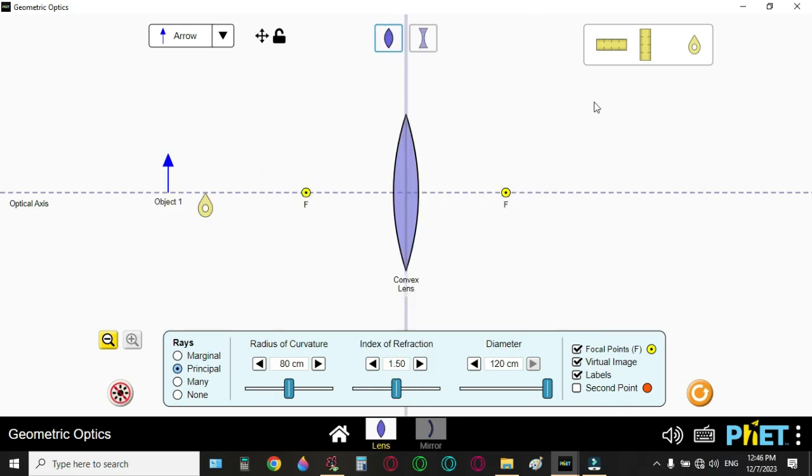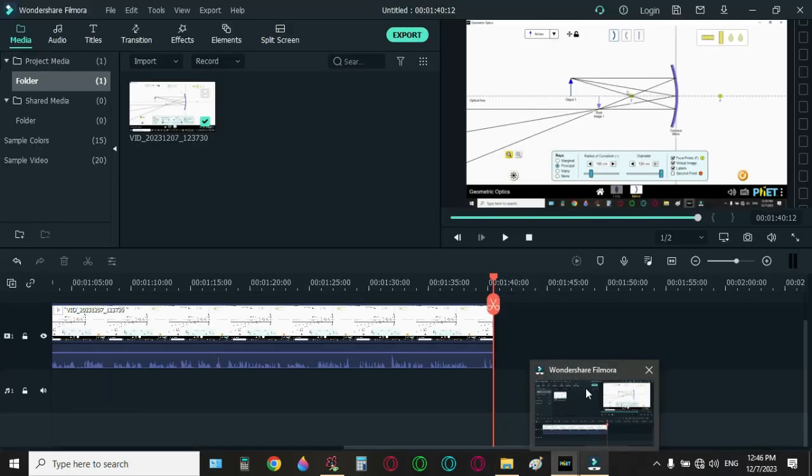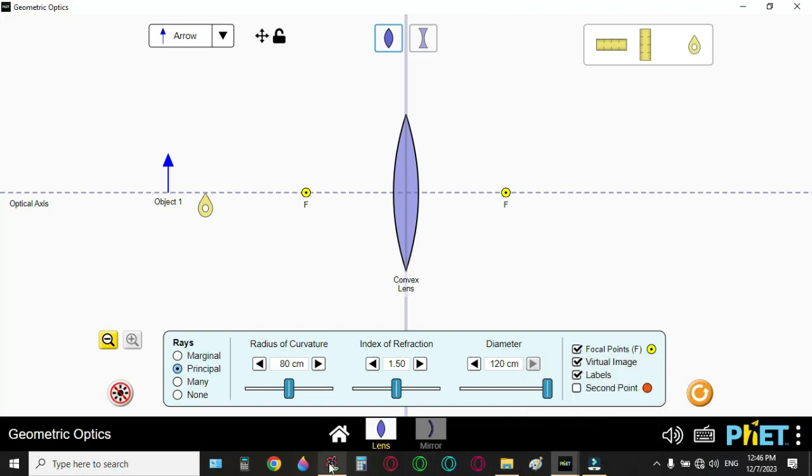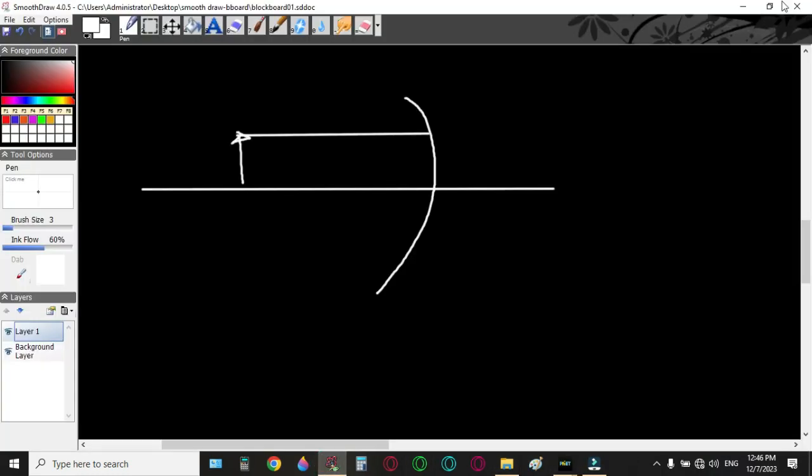Okay? So again, lenses form images by refraction. Okay, so refraction is the process by which light bends.